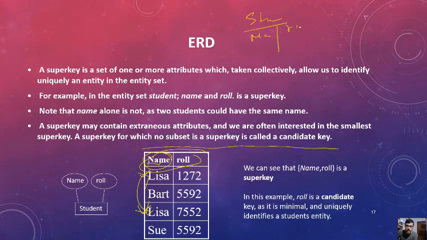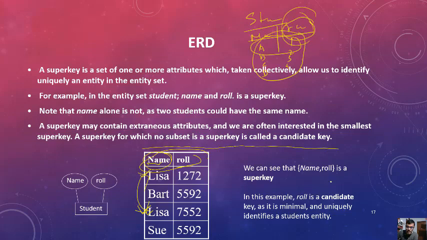That's why this is called a candidate key, because it is the minimal super key. There is no subset of it. In this example, roll is a candidate key as it is minimal and uniquely identifies a student entity set. Here the number became the same; it should be different. This is a printing mistake, a typo.